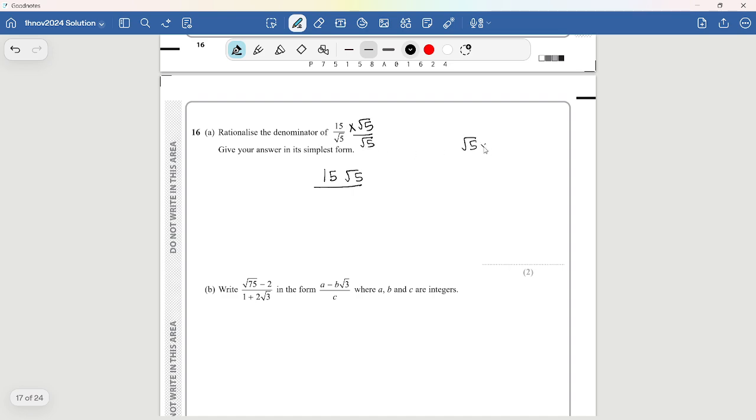Root 5 times root 5 is root 5 squared. The square and the square root cancel out to make it just 5. So we have 5 in the denominator. So we can simplify this. 5 goes in 15 3 times. 3 fives are 15. So we have got the final answer, 3 root 5.